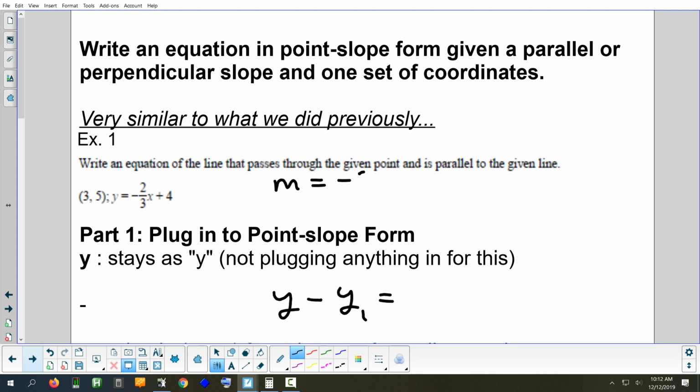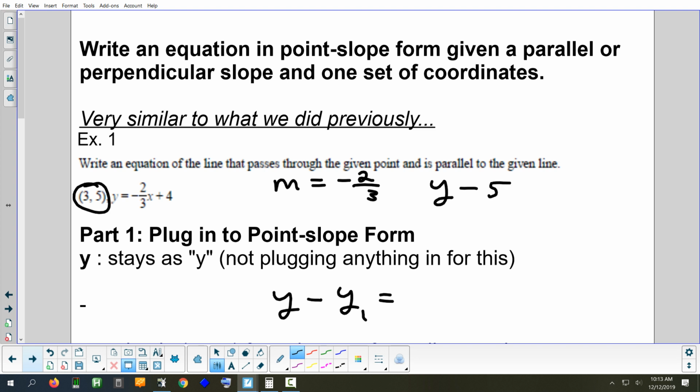So my slope is going to be -2/3 because that's the slope they gave me for the other line. Okay, so we've got our slope. Now we're ready to fill in our formula. Y minus, what's going to come after the minus? 5. Yep, here's the coordinate that they gave you. 3, 5. So y minus 5.